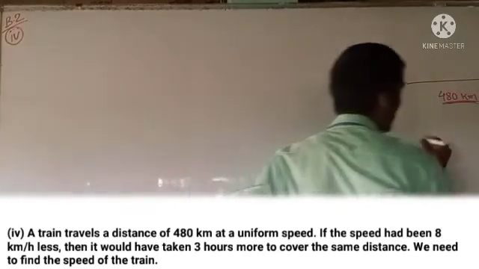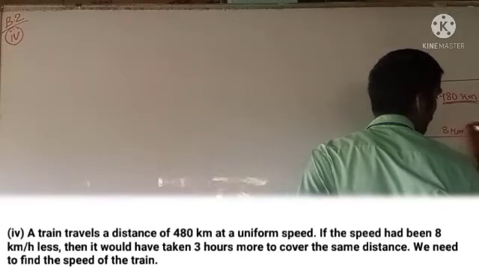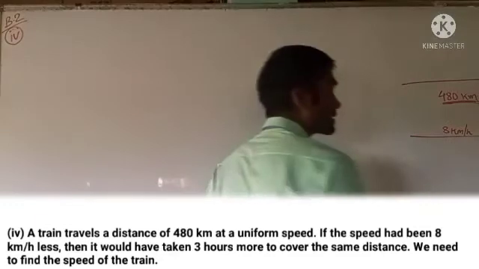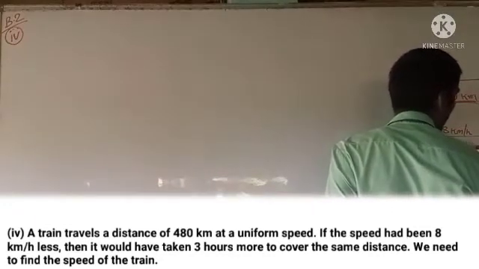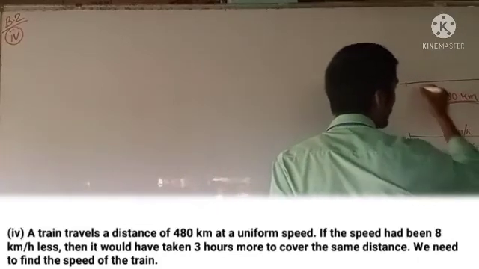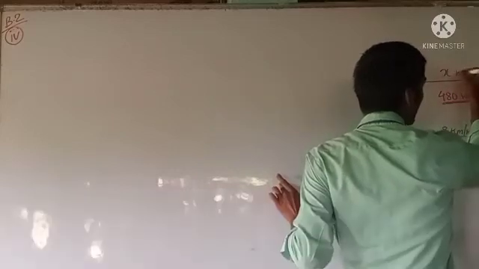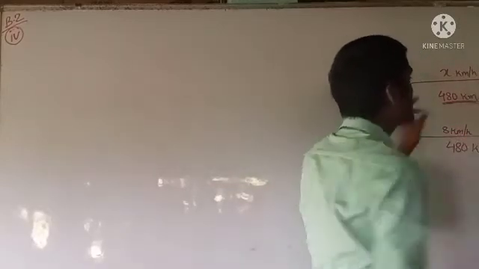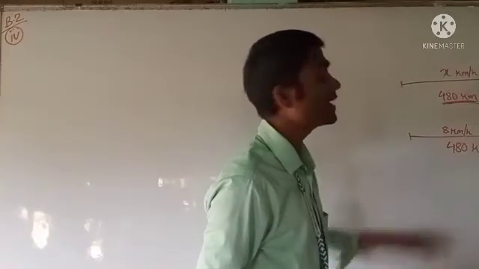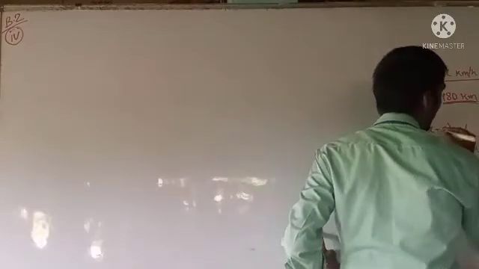Now if the speed is less by 8 km per hour, the same distance it is covering, that is 480 km. But here one thing we will have to know: if the speed is x km per hour, and the speed is reduced by 8 km per hour, then it will be x minus 8 km per hour.